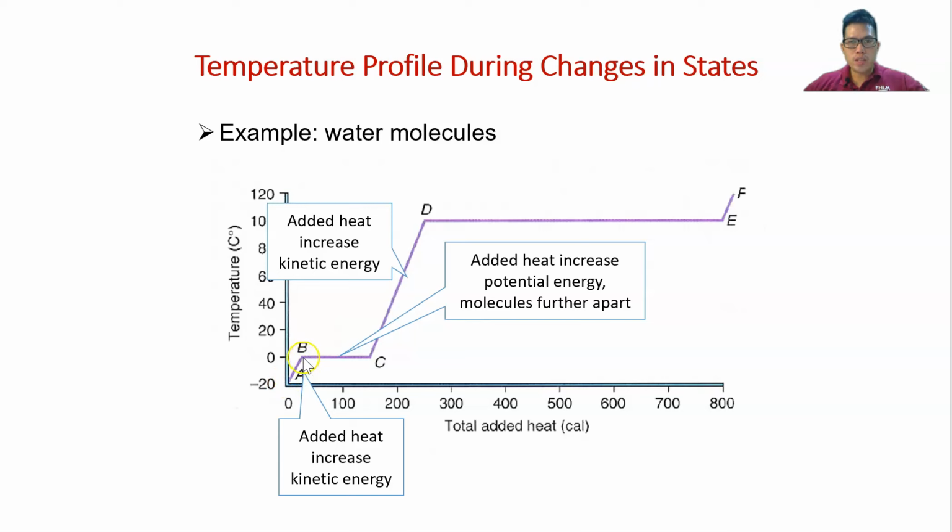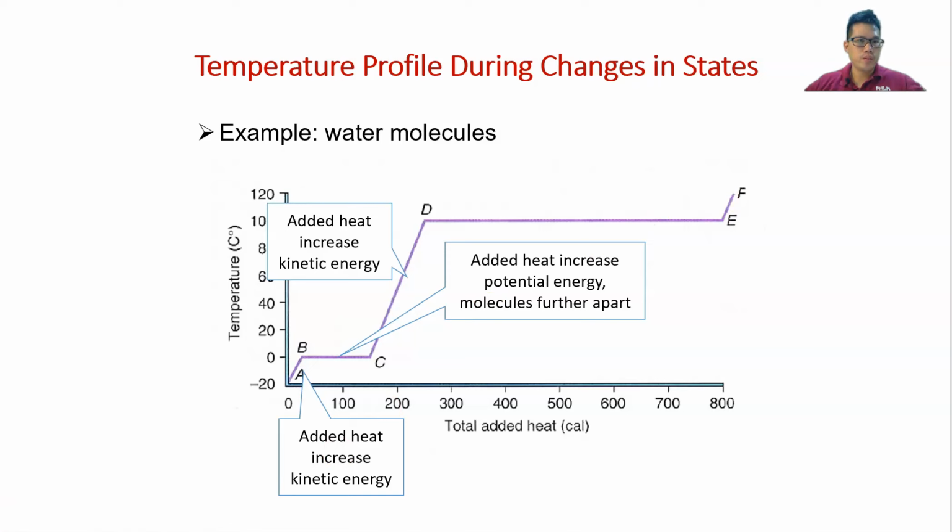The temperature doesn't increase because they absorb a lot of energy to change to the next phase. So you will observe that as well. How come the temperature is not changing? It's because it's absorbing the heat before it changes.